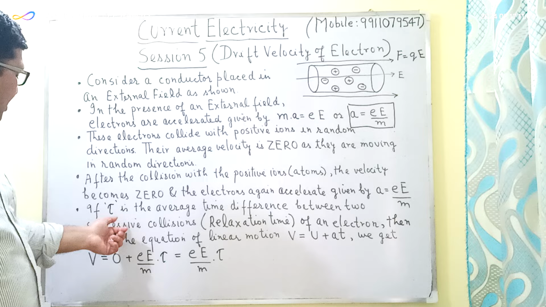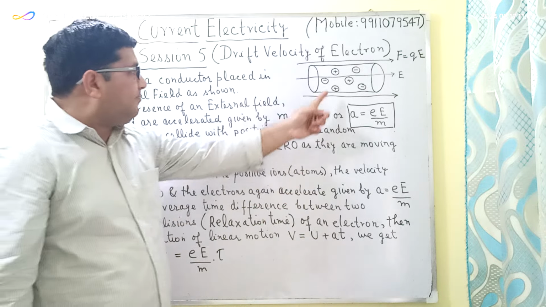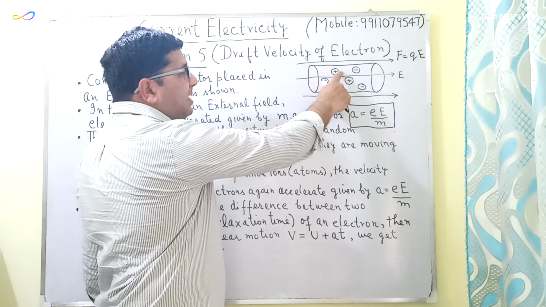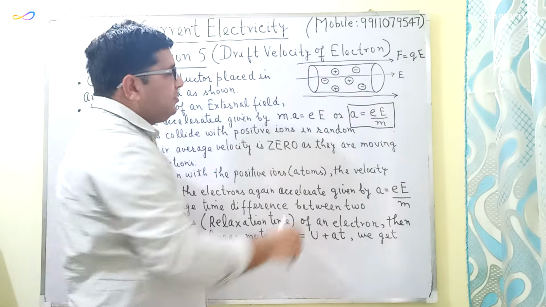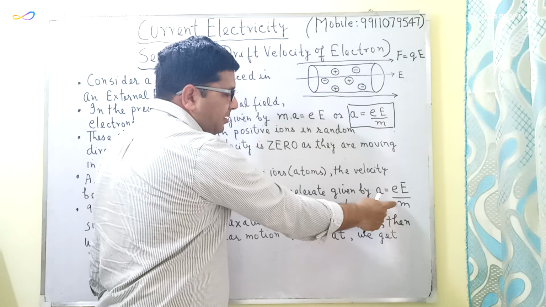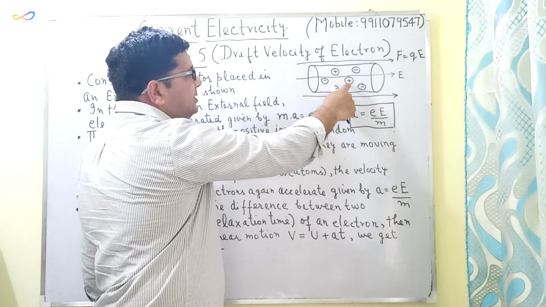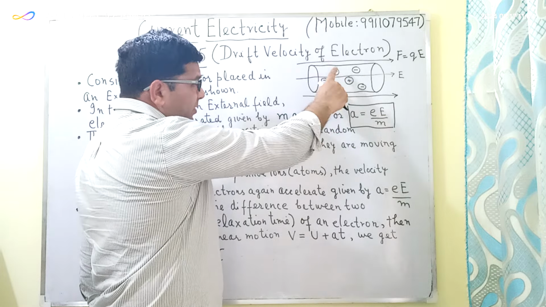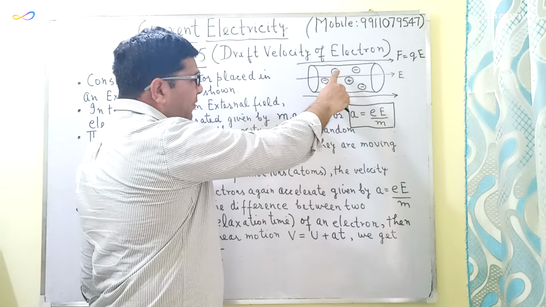Now, if tau is the average time difference between two successive collisions, that is, if the electron collides with this positive ion, its velocity becomes 0, after that it accelerates as given by this formula, and again it collides with another positive ion. This tau is also called the relaxation time, and I have taken tau because this is normally mentioned in the books also.